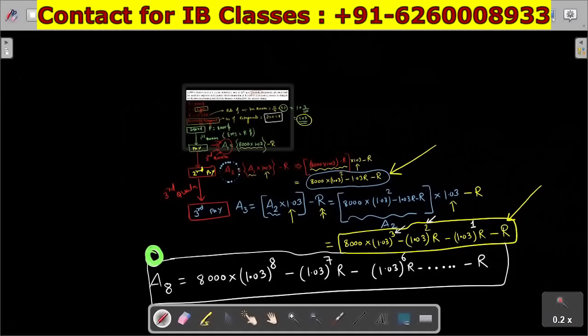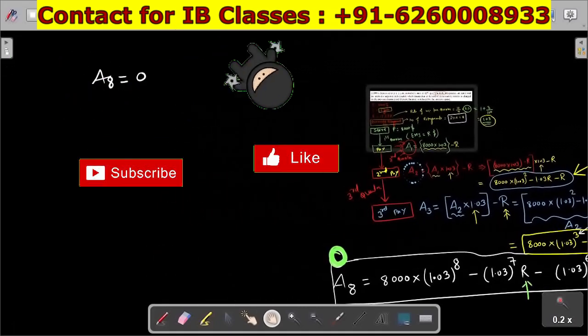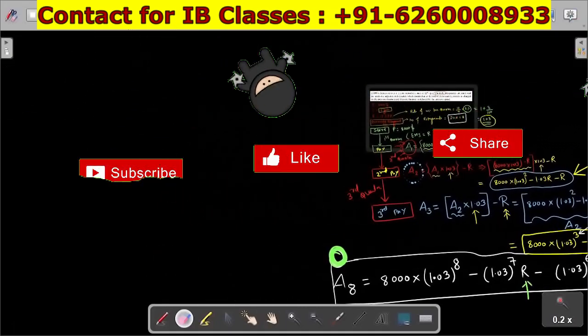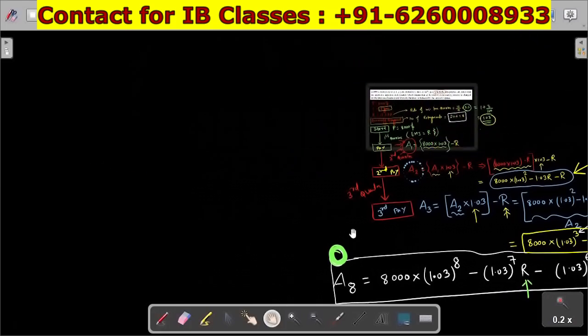In this equation we have only one variable, that is R only: one equation, one unknown, so we can find it very easily with the help of a geometric progression. Please see how we can solve this. Let me first write the expression for A8.